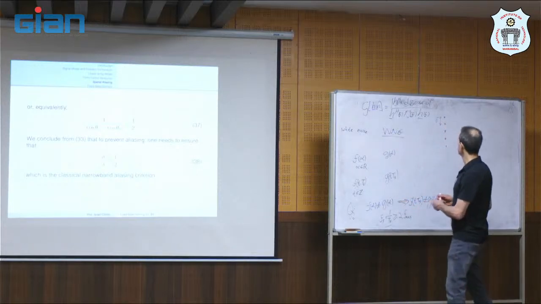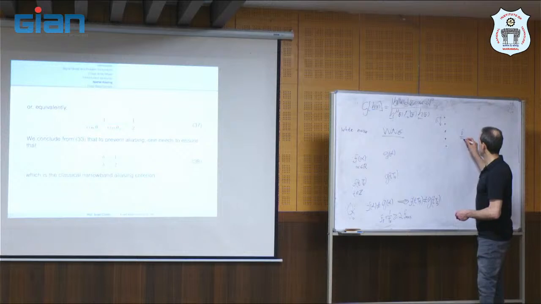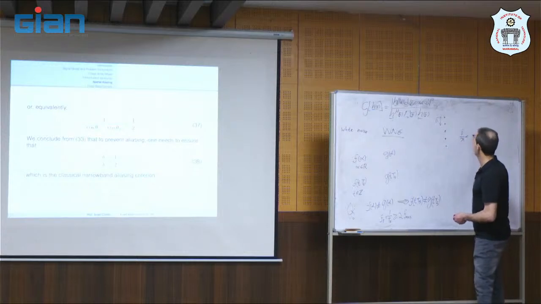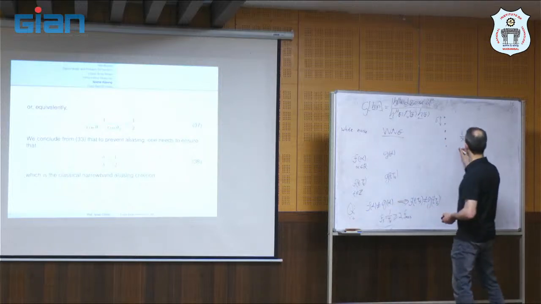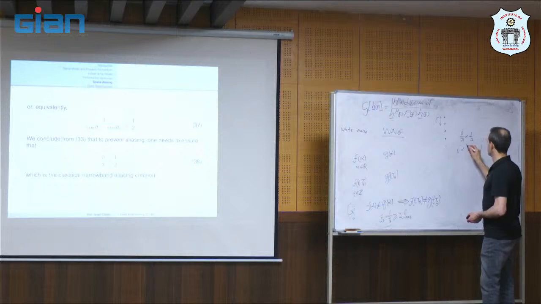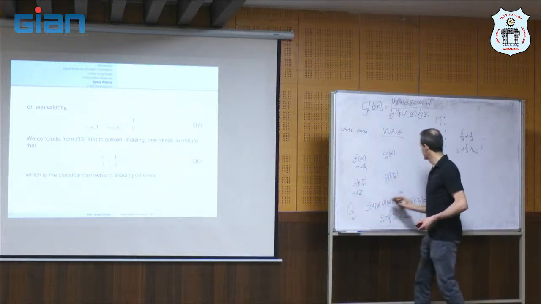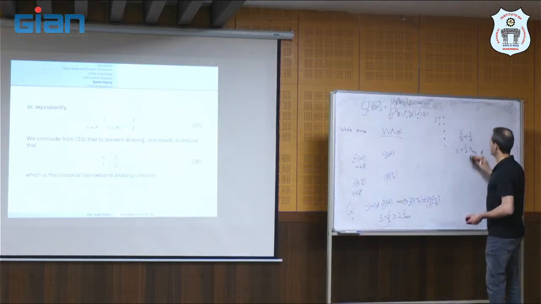Delta divided by the wavelength is smaller than half. So delta is smaller than half of lambda minimum, which is related to the highest frequency.